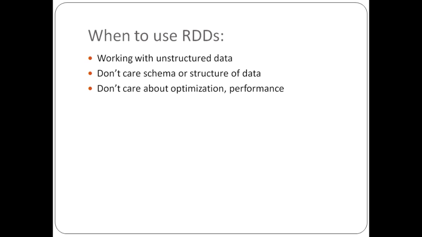We'll see that when discussing DataFrames. In RDDs, no optimization techniques are used, and performance is a bit slow. So these are the features of RDDs and when to use RDDs.